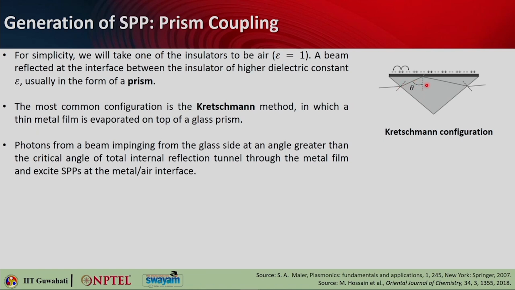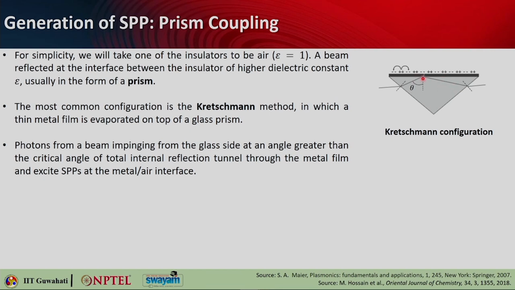So, when the angle of incidence is greater than the critical angle of this interface, you will see that there is total internal reflection. Okay. And if you remember total internal reflection, some kind of evanescent wave is also generated.